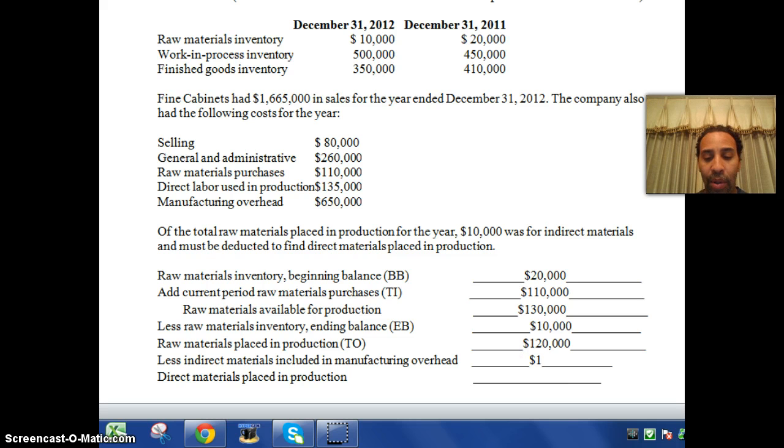So we go ahead and put our $10,000 right there, and then we take our raw materials placed into production, which was 120,000, minus our indirect materials included in manufacturing overhead, and we come up with $110,000 of direct materials placed into production.